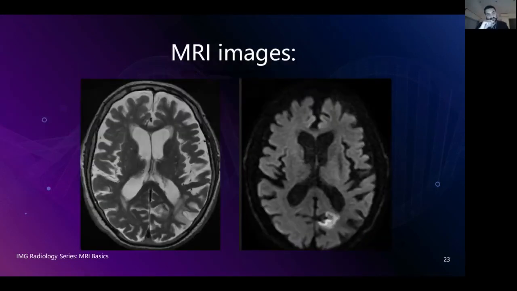So let's talk about the first image on the left. Do we think that's a T2 weighted image or a T1 weighted image? What do we think? Okay, great. And why do we think that this is a T2 weighted image?